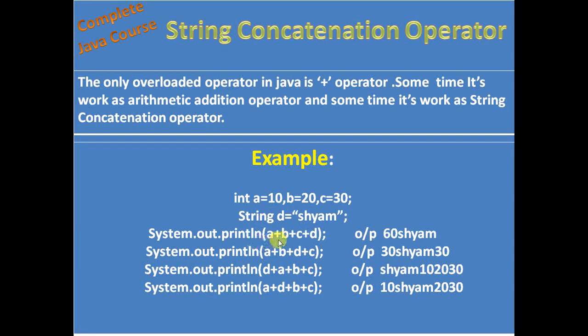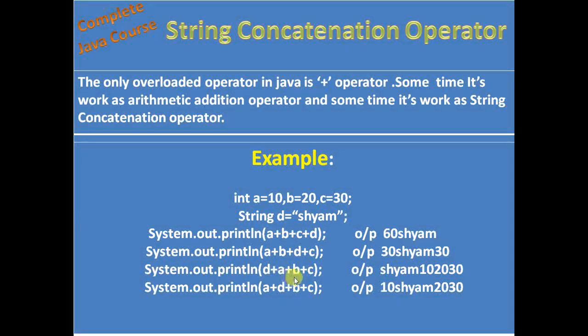If we add a plus b plus c plus d, then the output will be 60 Siam. If we add a plus b plus d plus c, then we get a plus b, which is 10 plus 20 is 30, then d, which is Siam, and then 30.